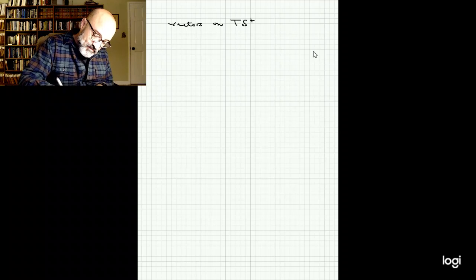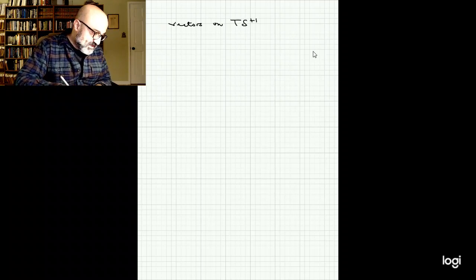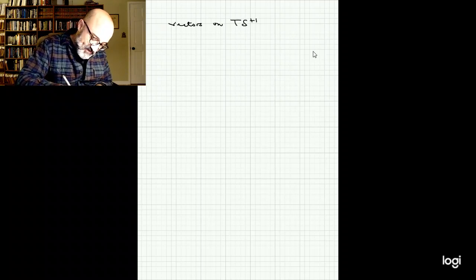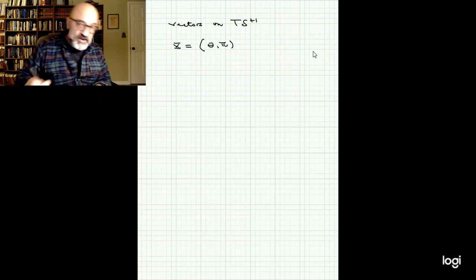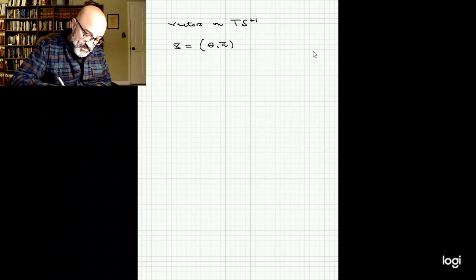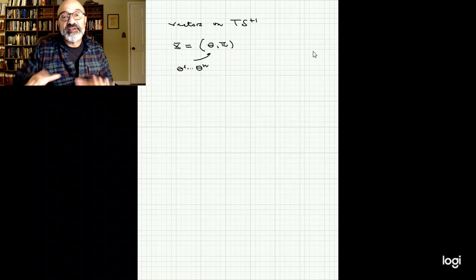Ts plus 1. And the idea is that we have points. This is a curve. The points are going to have coordinates theta and pi. Theta are the coordinates on the base space S plus 1.